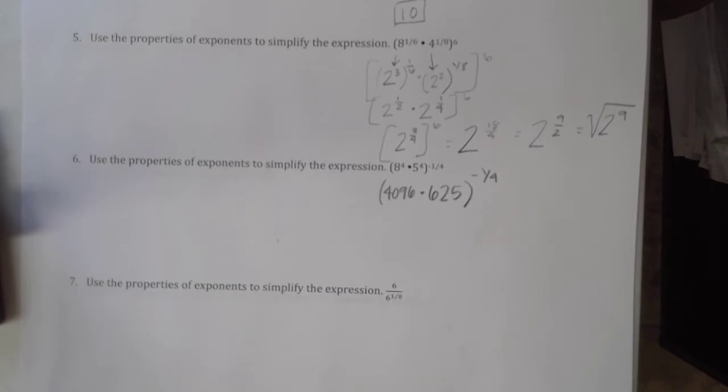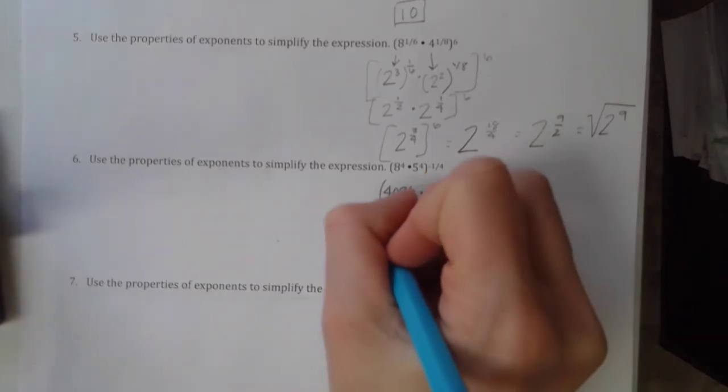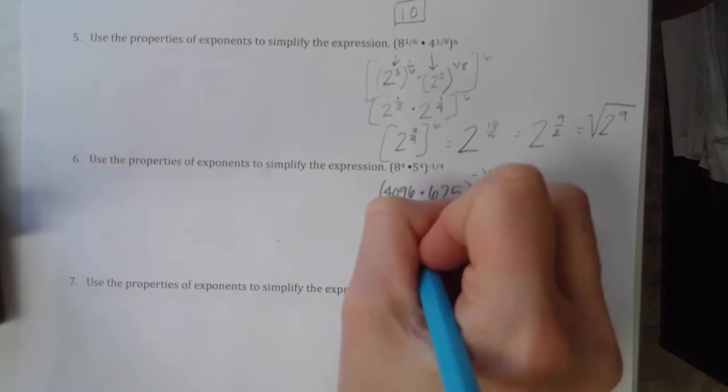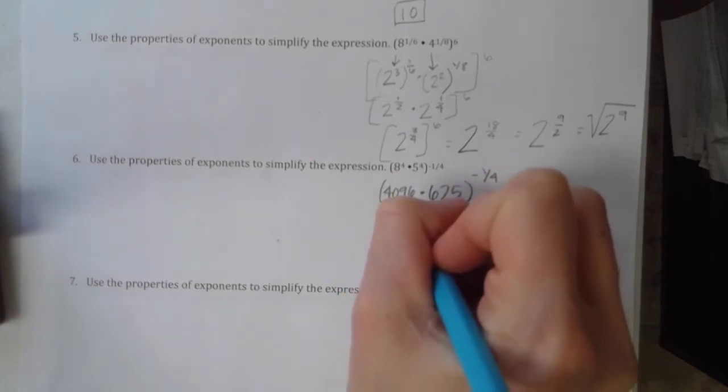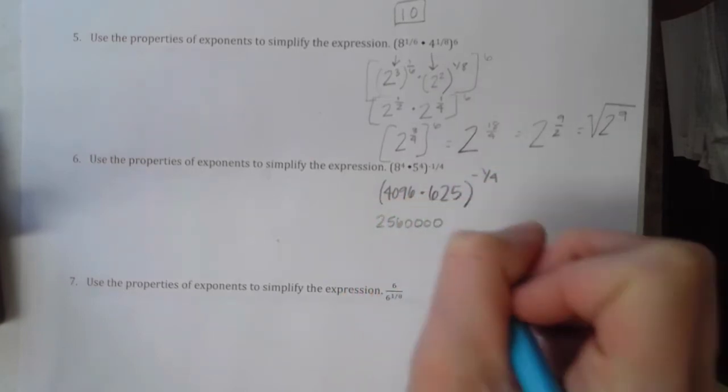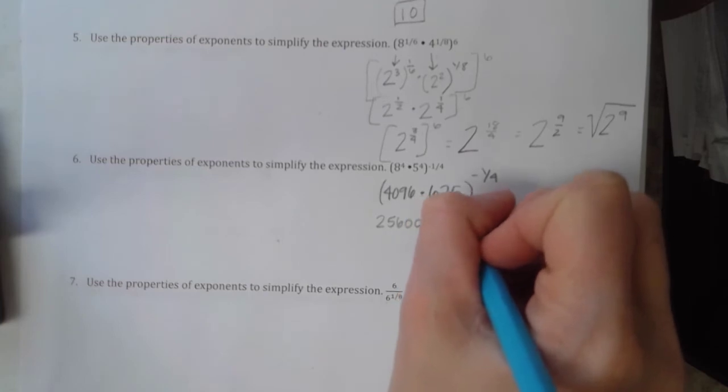Okay, so I'm just going to multiply those, and so you'll get 2,560,000, and that's all raised to the negative 1/4.